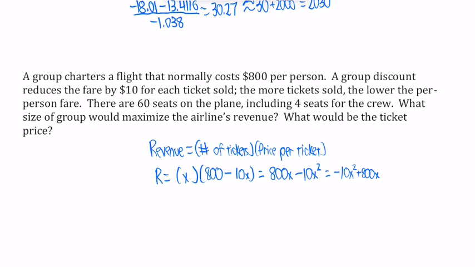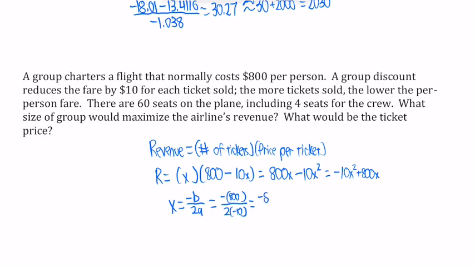Since the problem is asking us to maximize this, maximums or minimums will happen at the vertex. So let's recall the vertex of a function. The x value of your vertex will happen at negative b over 2a. In this case, b is 800. a is negative 10.